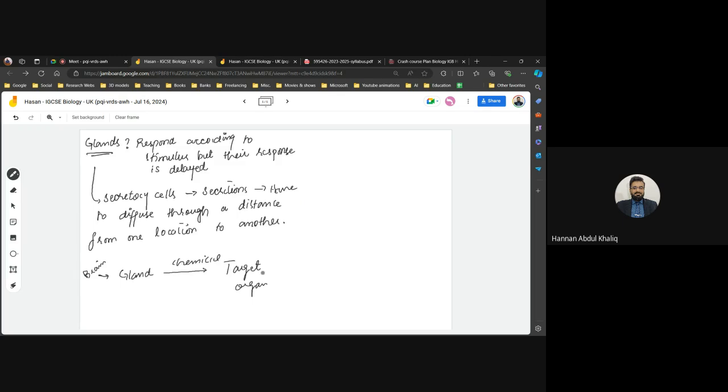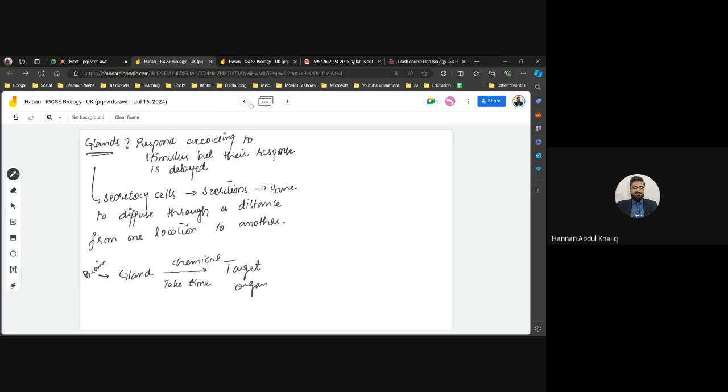It would secrete a chemical, and the chemical would reach the target organ. Now, it would take time. It would take a lot of time. That is why the response showed by the glands is always delayed.